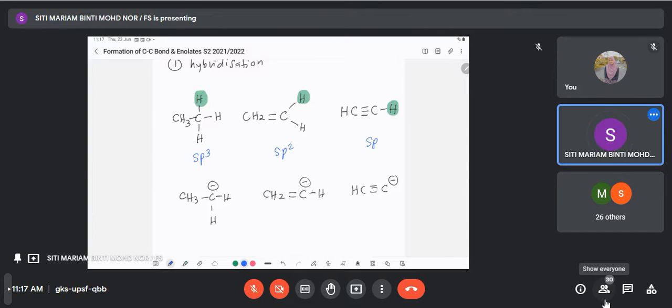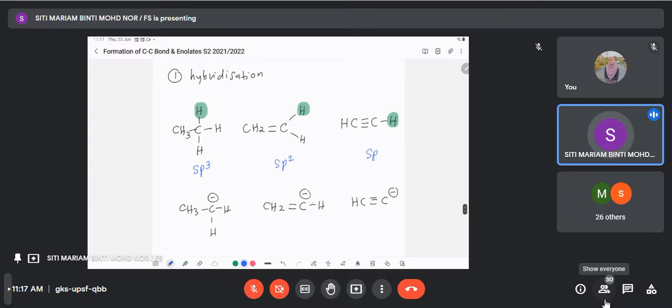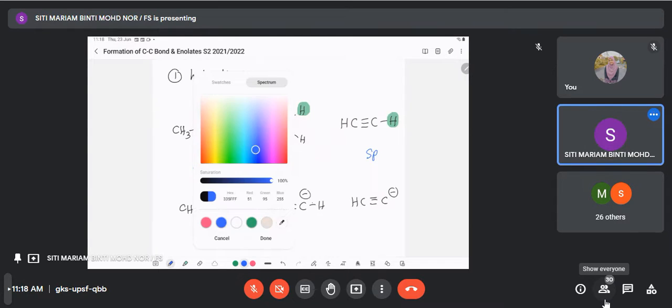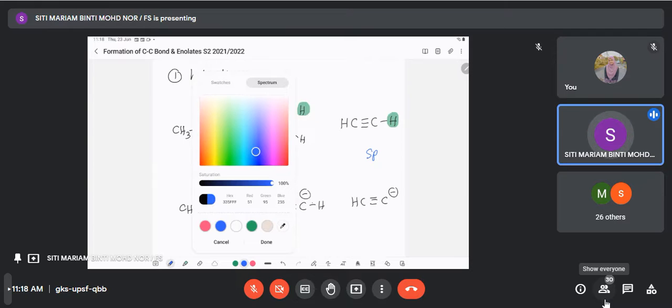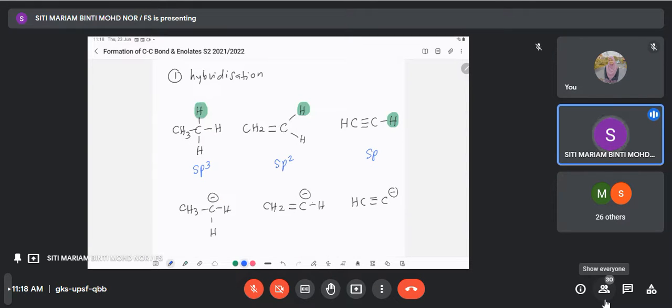Now, in terms of hybridization, what we want to check is the S character for each hybridization. I put it in brackets. For sp, the S character is 50% and the P character is 50%.